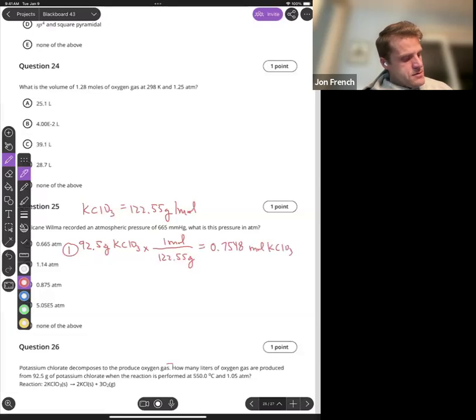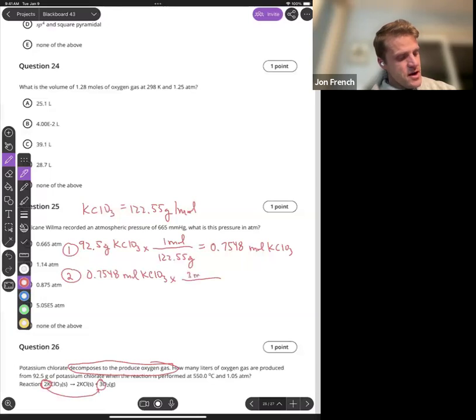We want to know how much oxygen is made, right? So you need to find moles of oxygen, then we can relate that to volume of oxygen. There's my potassium chlorate. We go to the balanced chemical equation that tells us for every 2 moles of potassium chlorate, I'm going to make 3 moles of oxygen.